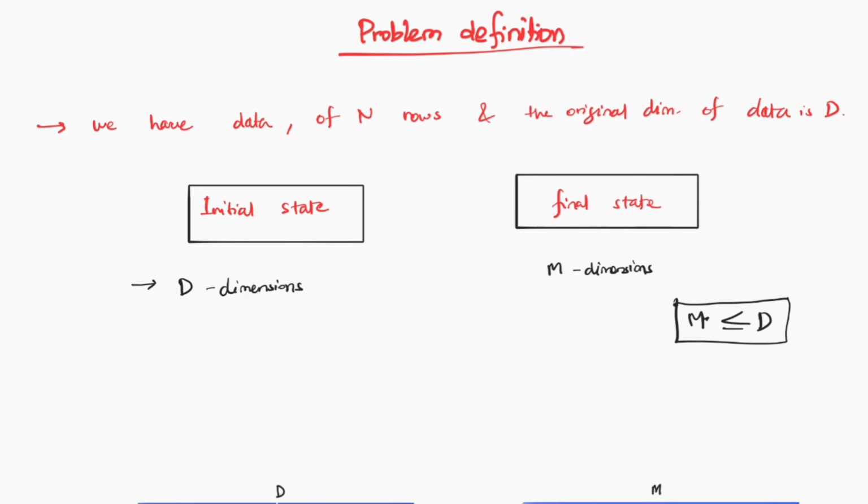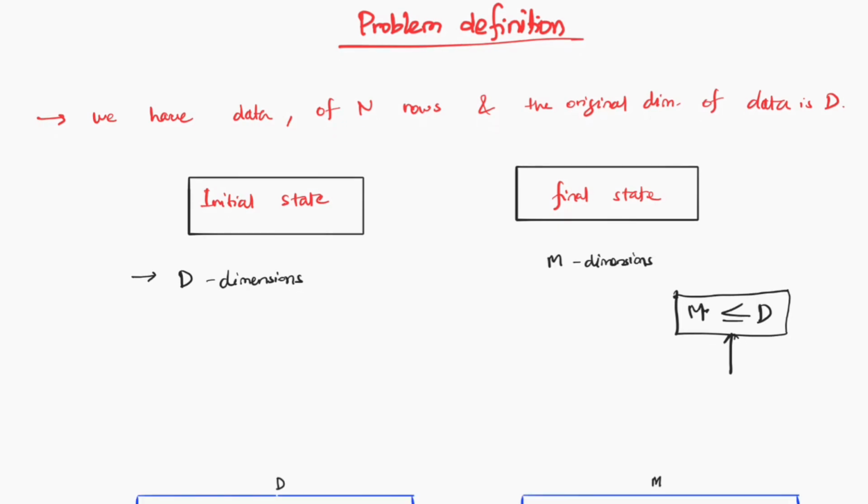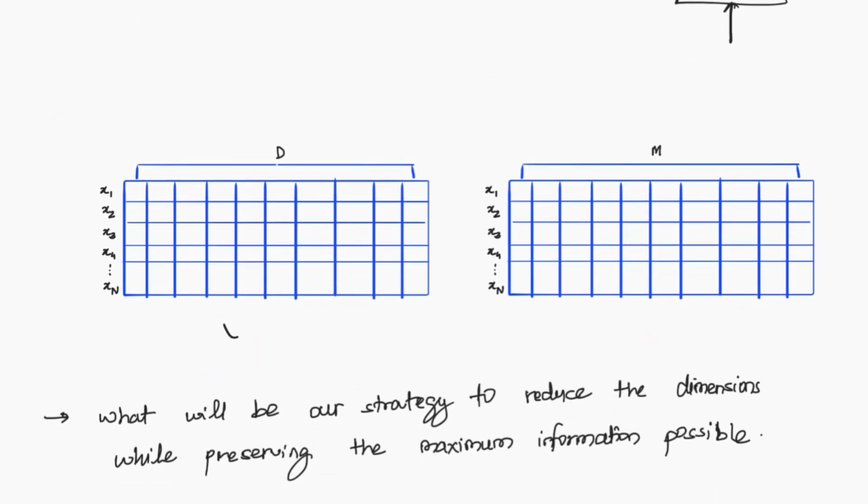If we apply PCA explicitly, then we do not want to have a similar number of dimensions, but mathematically we get an equal number of PCs. So we will write mathematically like this, that m is less than or equal to d. Now you see, this is the initial case where we have d-dimensional data, and these are the data points.